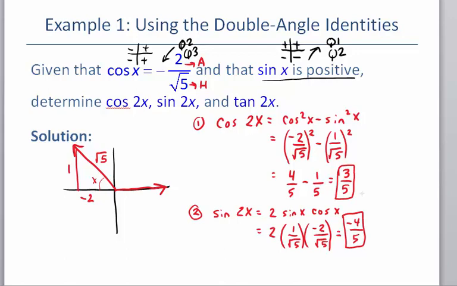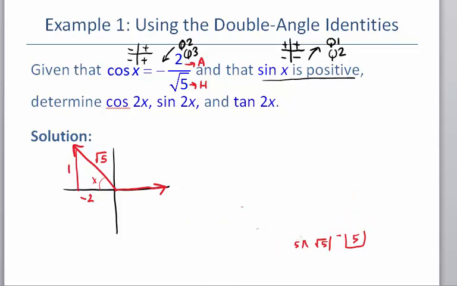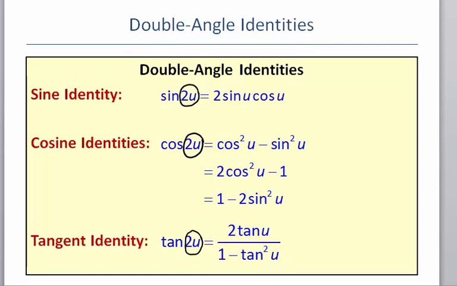And for the third one, we want to find tangent 2x. And so we have one formula for that. Our formula looks like 2 tangent u divided by 1 minus tangent squared u.